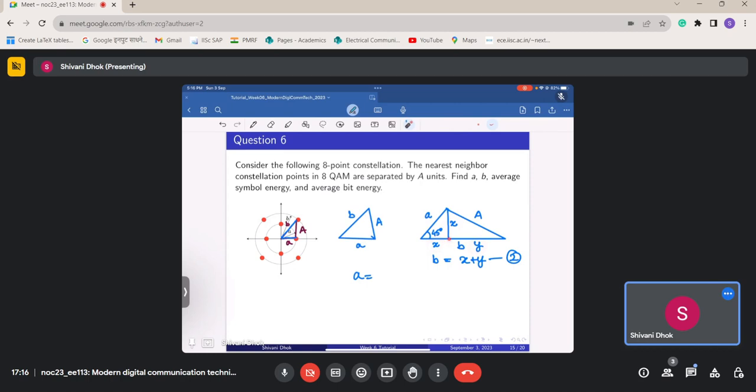This y is the base of this right angle triangle. I can use Pythagoras theorem once I know this x, and these two sides are the same. So once I know x, I can easily find y, and b is equal to x plus y. Another way to do it is to find this angle theta and then apply the cosine rule. These are the two approaches that you can take up. I hope that answers your question.